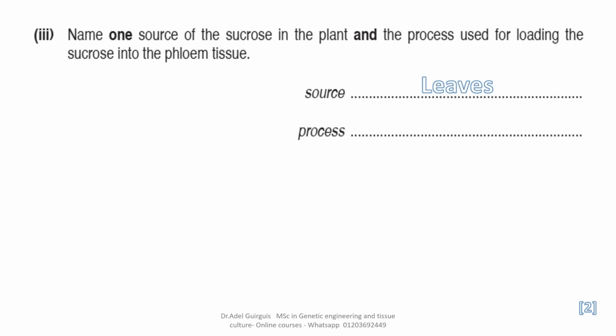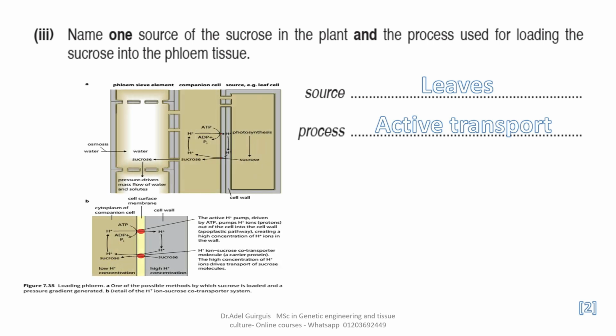What's the process needed for loading? Active transport. Remind yourself, here is the source, like palisade cell, mesophyll cell, where photosynthesis takes place, glucose, then sucrose is formed. Okay? What happens?